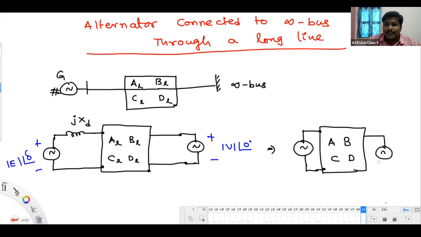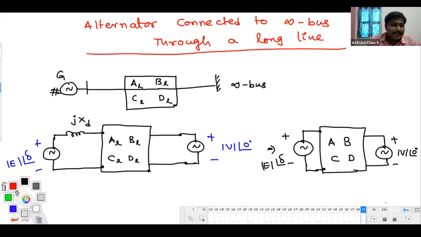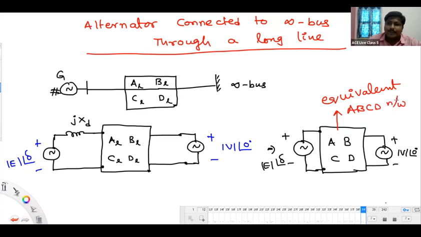And this is the infinite bus voltage source, mod E angle delta. So if you want to write for your clarity, this is the equivalent ABCD network between the two voltage sources.